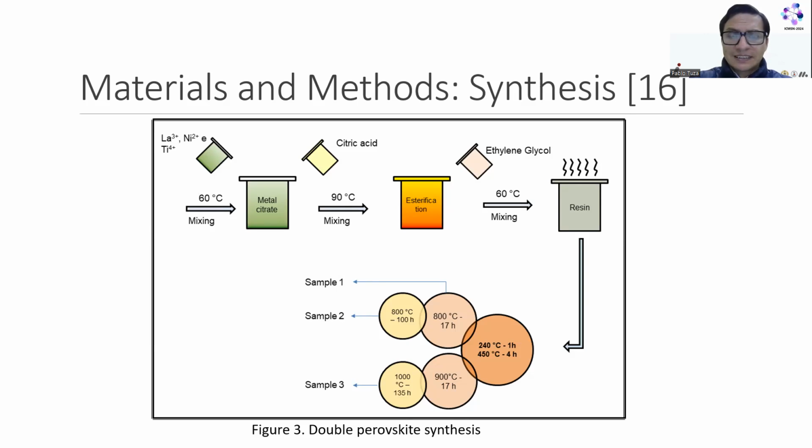Moreover, the precursor powder was calcined at 800 centigrade for 17 hours, and then at 800 centigrade for 100 hours for obtaining sample two. The precursor powder also was calcined at 900 centigrade for 17 hours, and then at 1000 centigrade for 135 hours for obtaining sample three.